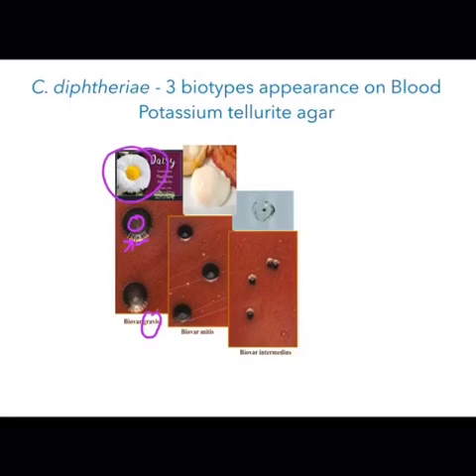If we talk about mitis, mostly it has shiny black convex and smooth colonies, and they look like a poached egg. If you talk about intermedius, again it has gray-black, dull granular colonies with a lighter center near the edges, and it looks like a frog's egg.